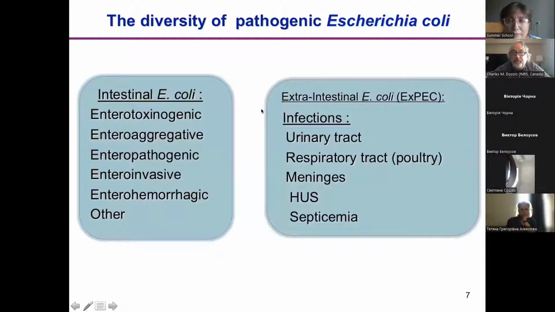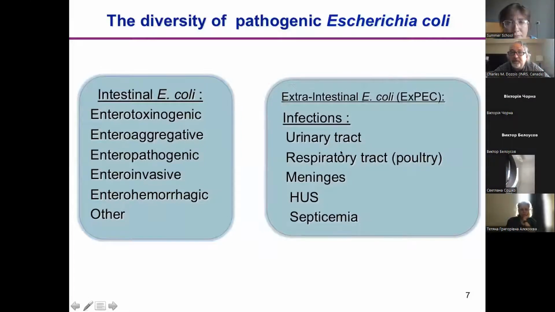And so the other spectrum of infections that E. coli can cause are caused by bacteria that are essentially commensals in the gut. So that would be a normal microbiota of E. coli that can be present, that in some cases could be associated with certain kinds of chronic infection.